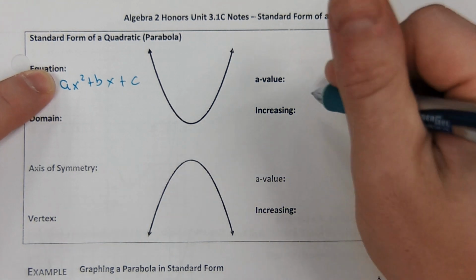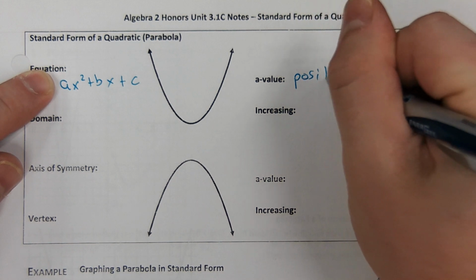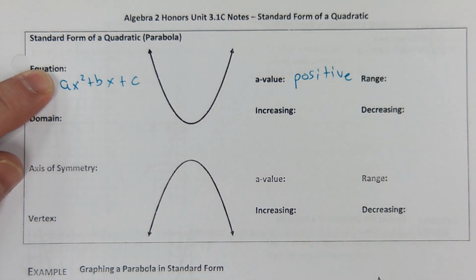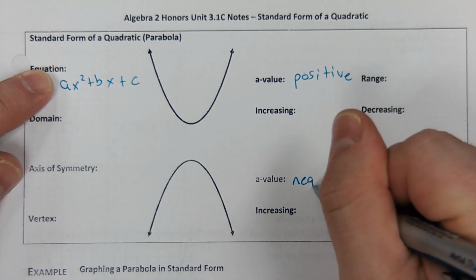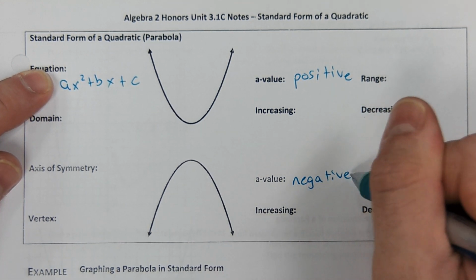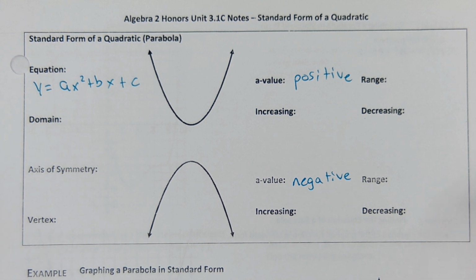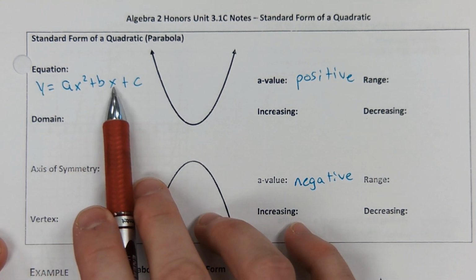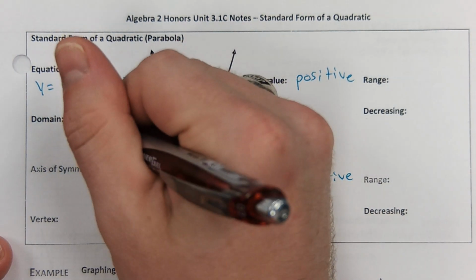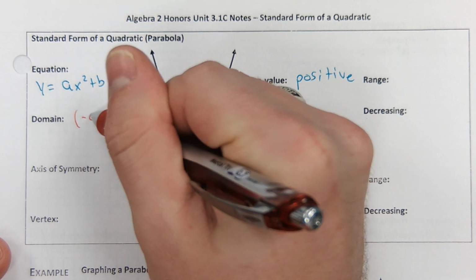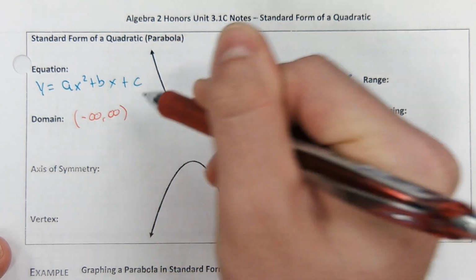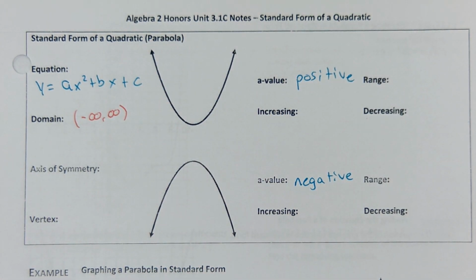If the number on front is positive, people smile, it points up. And if the number on front is negative, people frown, it points down. So that is not new. And because we can square any number we want and multiply any number we want by some other number, our domain is going to be all real numbers. So from negative infinity out to positive infinity, nothing new there.